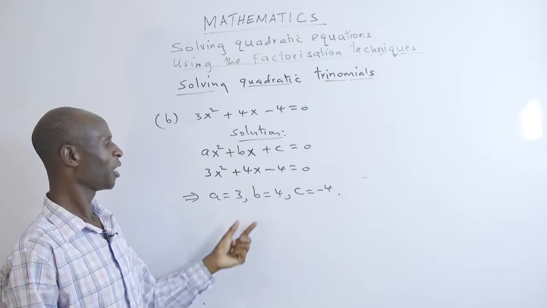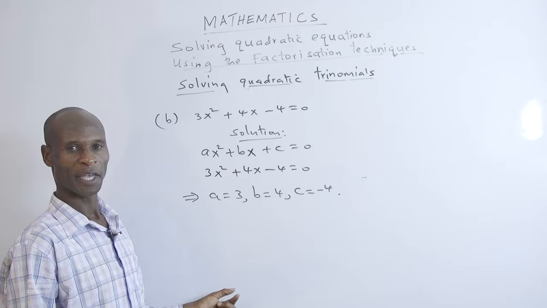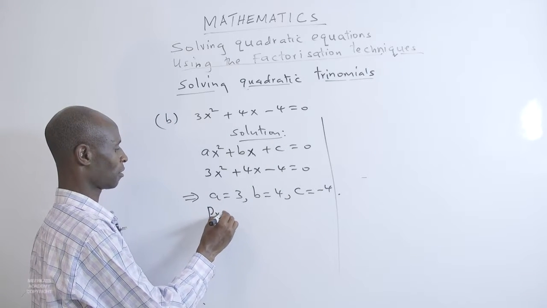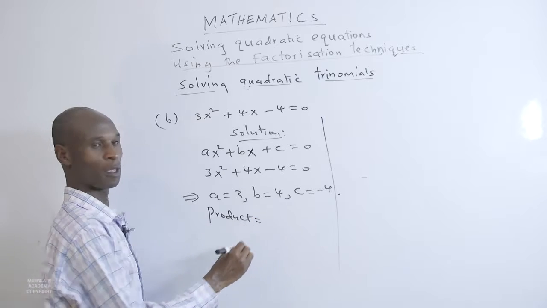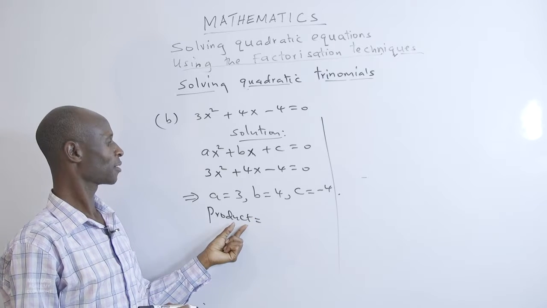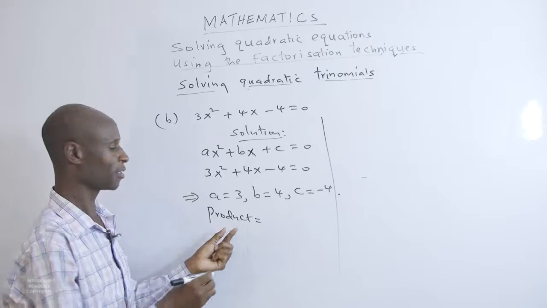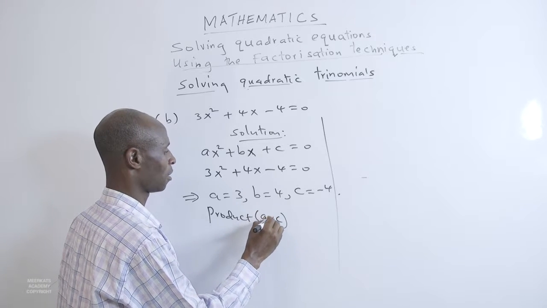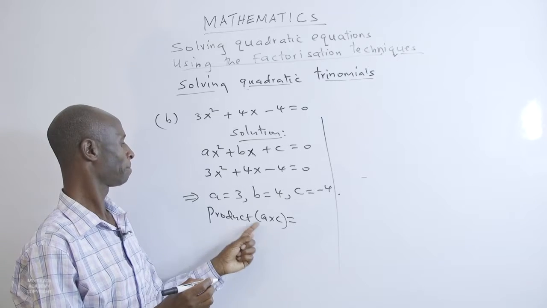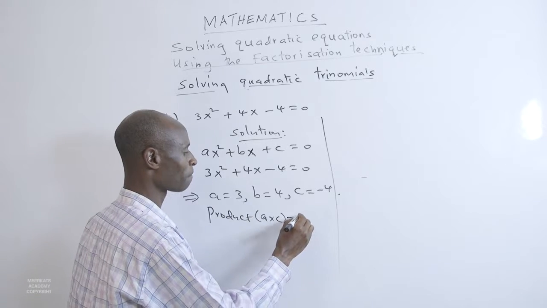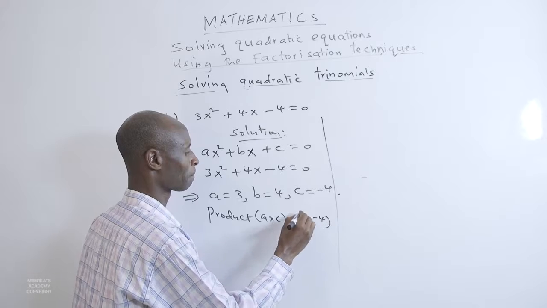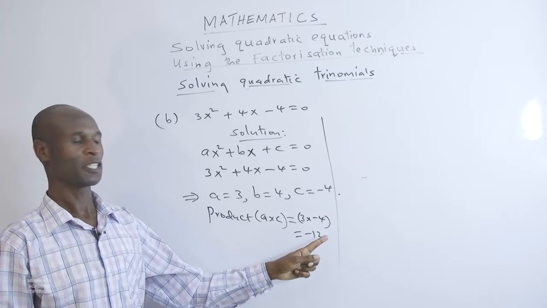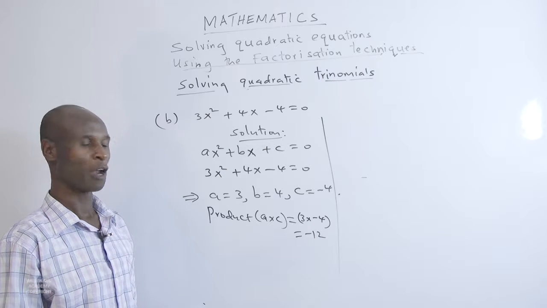From there, we now get the product. The product of the two numbers, a and c, will be 3 times negative 4, and 3 times negative 4 is negative 12.